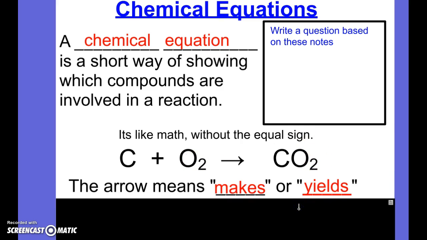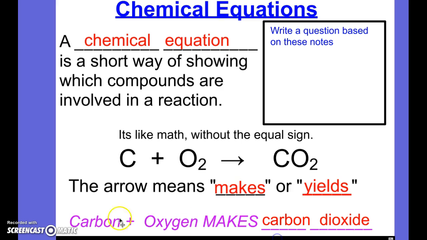So the arrow in a chemical equation means makes or yields, because these 2 things are not equal to that. These 2 things make that. And so we would say that carbon plus oxygen makes carbon dioxide.